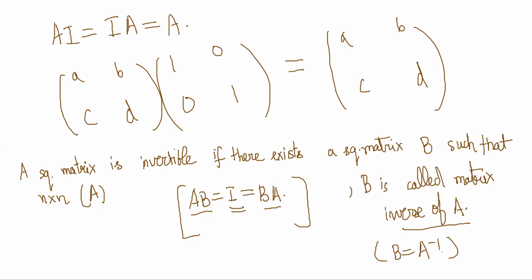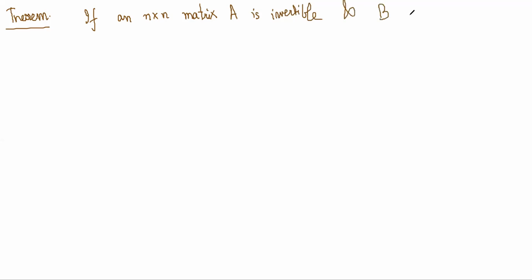Now, one last thing. Let's try to understand this. If an n cross n matrix A is invertible and B is any column vector in R power n.